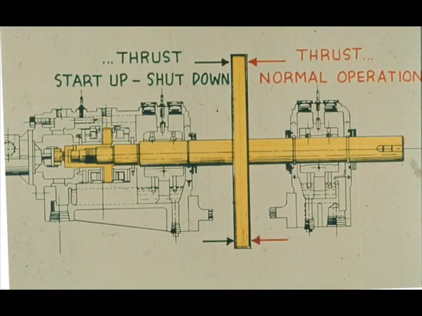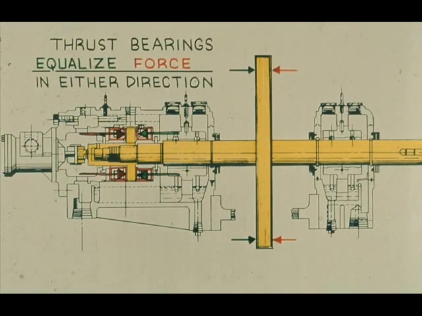Bearing thrust loads cannot exist in opposite directions at the same time, but we frequently find thrust appearing in one direction during the normal operations of a machine, with the thrust changing direction during startup and shutdown. Thrust bearings, then, of the type we will be discussing must be capable of equalizing thrust loads in either direction.